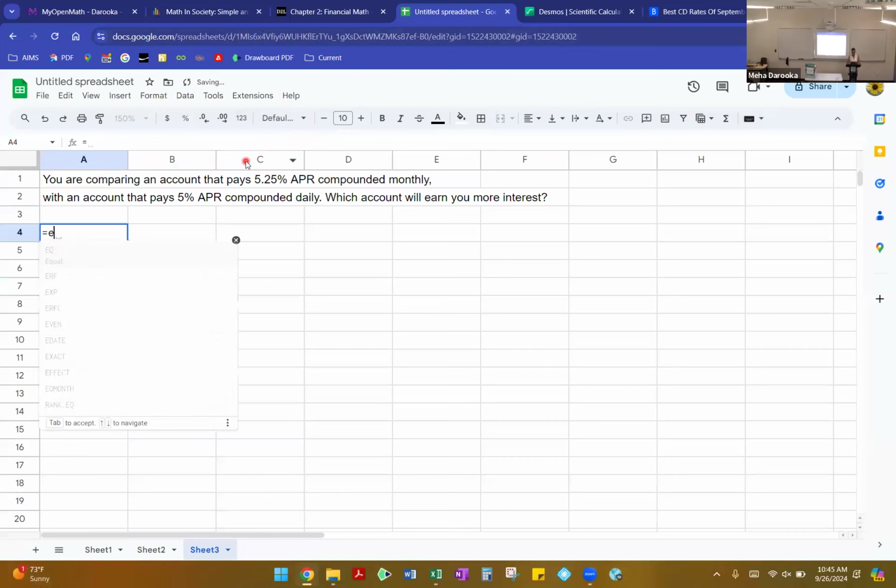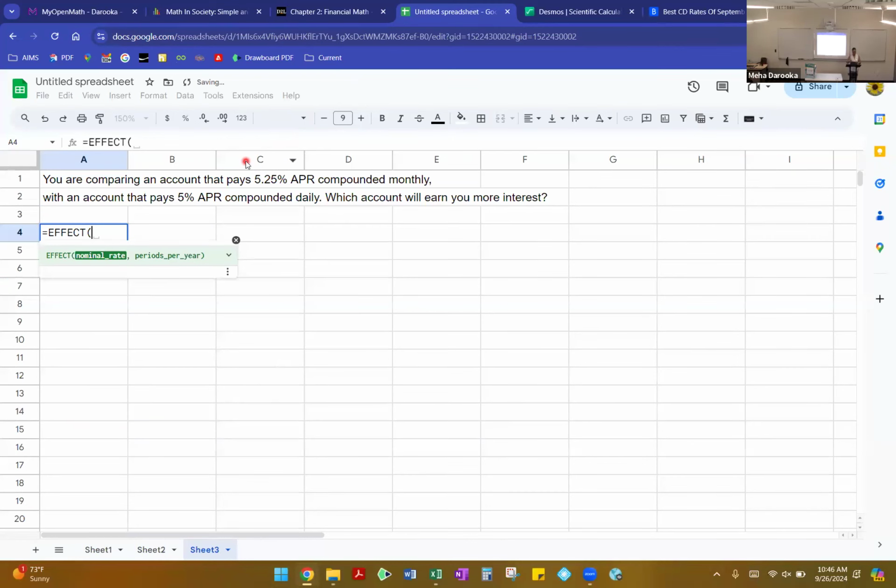So again, we are using the EFFECT function. And you can see I typed EFF and then I'm using the tab key on my laptop to get the whole thing in. You can also use your pointer or your mouse to get it in there. Okay, so we know our nominal rate is 5.25. I guess I actually didn't set that up, did I? Let me do that first. All right, so our APR or the rate is the 5.25%.